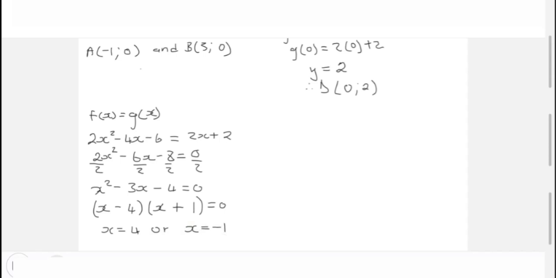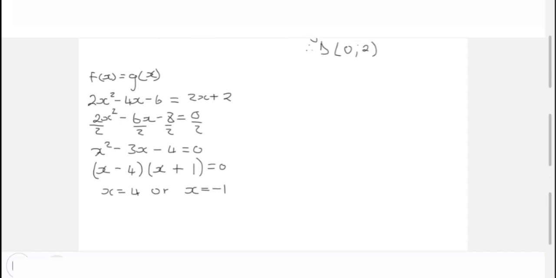Right, now we just found the point of intersection, and oh, sorry, I jumped the gun right there. I didn't find the point of intersection. I only found the x coordinates of them. Now we take these x coordinates and we're going to punch them straight back into the original equations.